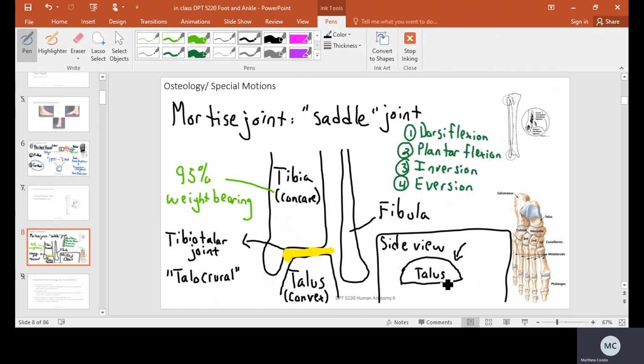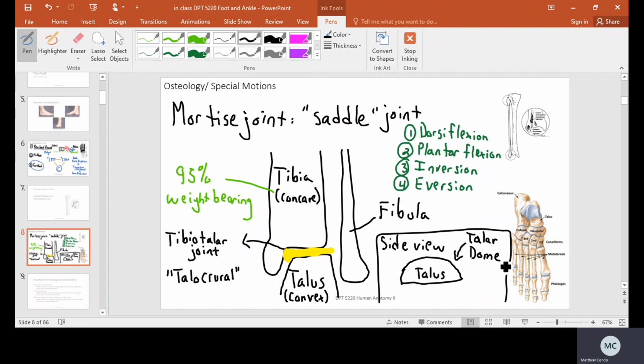The most superior portion of my talus is going to come out to a big convex surface that's going to be called the talar dome. Okay? Obviously, we know what a dome is. There's plenty of domes that plenty of professional sports teams play in. It's just a big convex surface. So the most superior portion of the talus is going to come out to this talar dome.